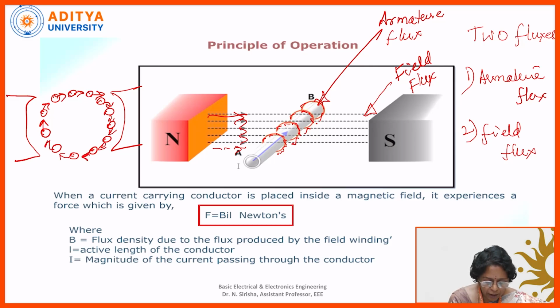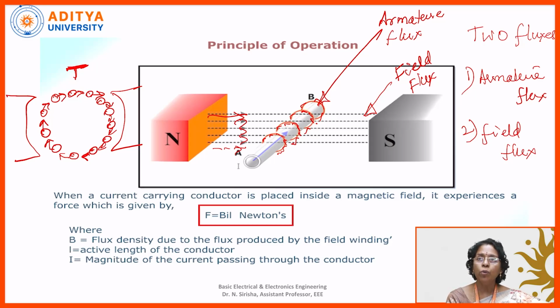A rotational movement is produced and torque is formed inside the DC motor, and the motor starts rotating, right? The magnitude of the force on the current carrying conductor is obtained by F equal to BIL newtons, where B is the flux density of the field winding, L is the length of the conductor, and I is the current passing through the conductor.